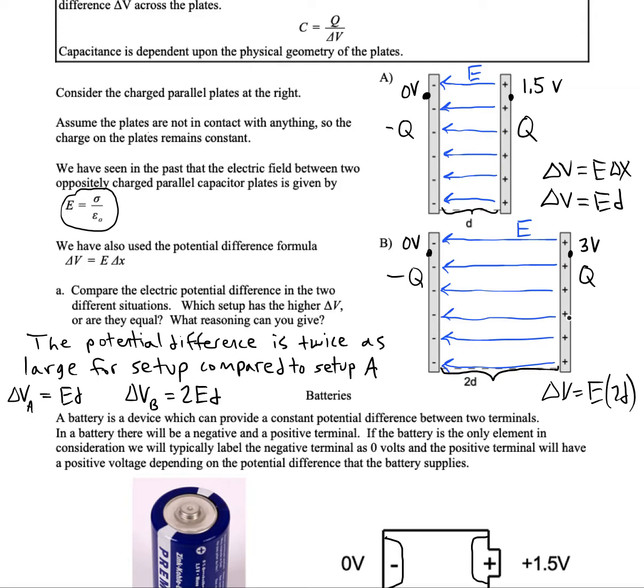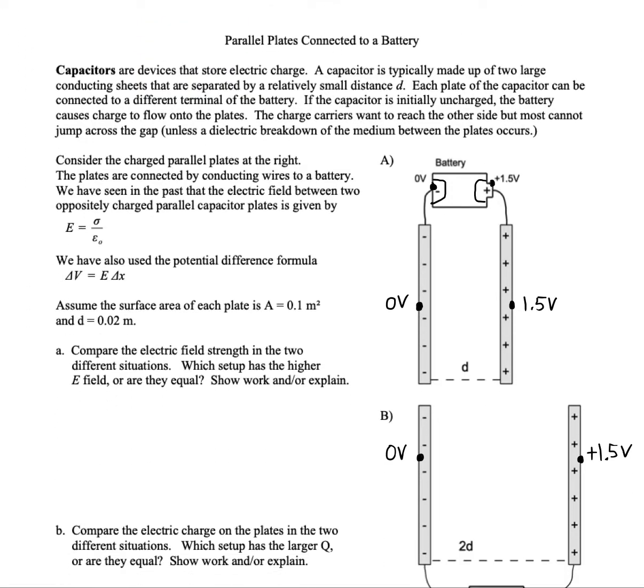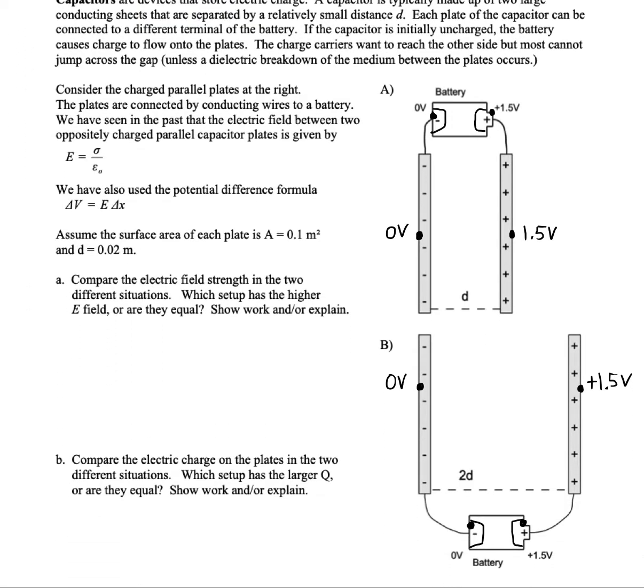Okay, but that's because the plates weren't in contact with a battery, which defined what the potentials on them were. Here, because we are in contact with the battery, whatever delta V we have for setup A is going to be the same as the delta V we'll have for setup B. In this case, it's 1.5 volts.